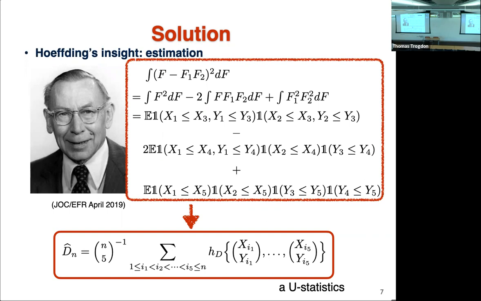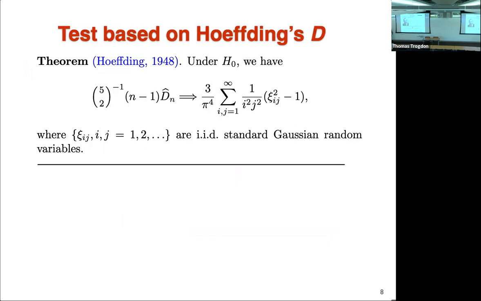All right, and then the next question Hoeffding asked is how to test independence based on this sample estimator. He gives this interesting non-central limit theorem, and he shows that if X and Y are independent, and of course having continuous marginal CDFs, we get this weak convergence. 70 years ago, it's very interesting.